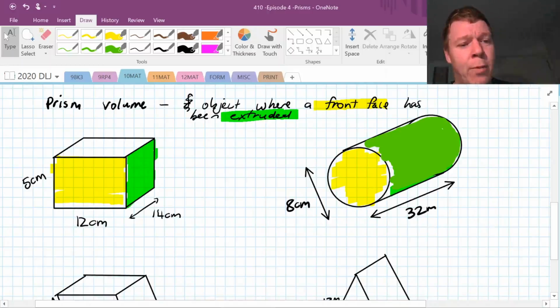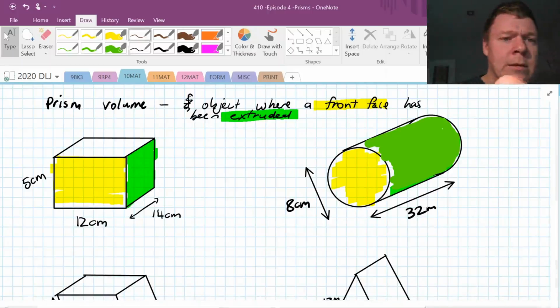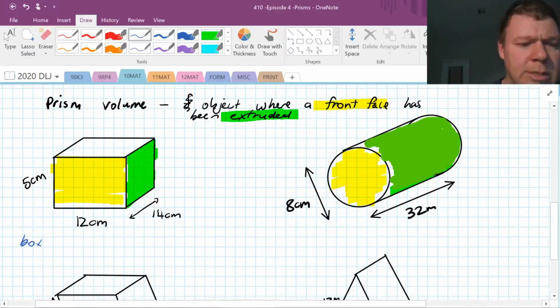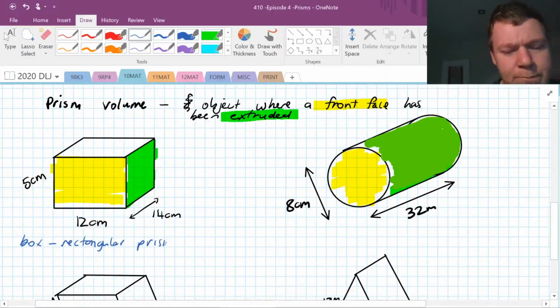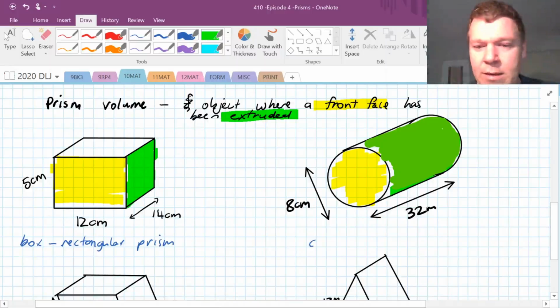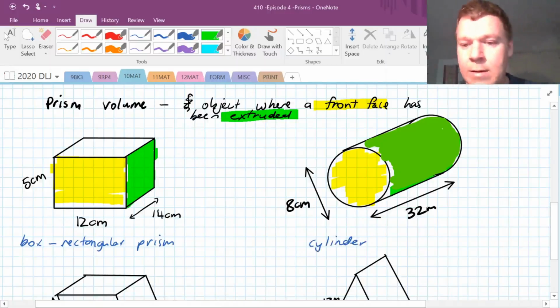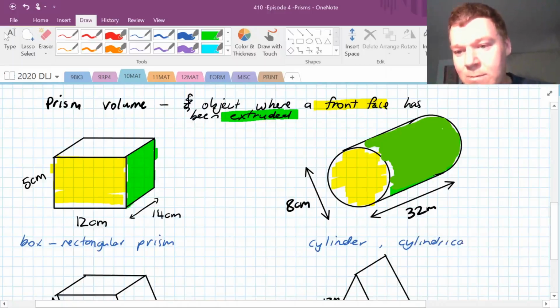And a box is basically a rectangular prism. So box is a rectangular prism, and a cylinder is a cylindrical prism.